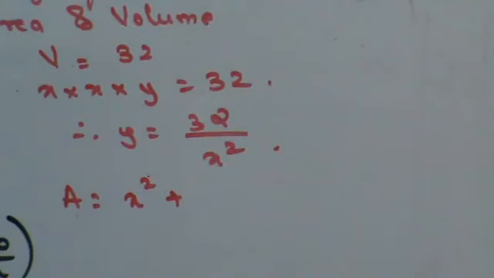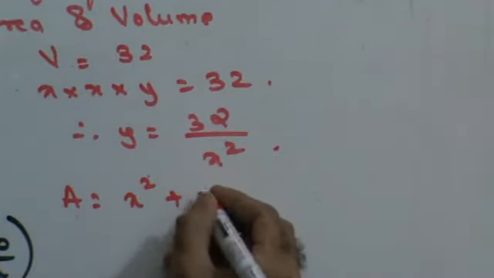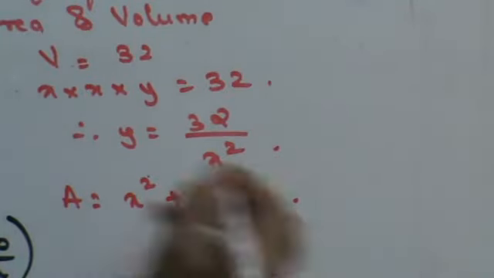Similarly, the back face will also be a rectangle with length x and breadth y. The side face, since it is a square base, will have length x and breadth y. The other side will also be the same. Therefore, to make the four sides, I need 4 times xy.